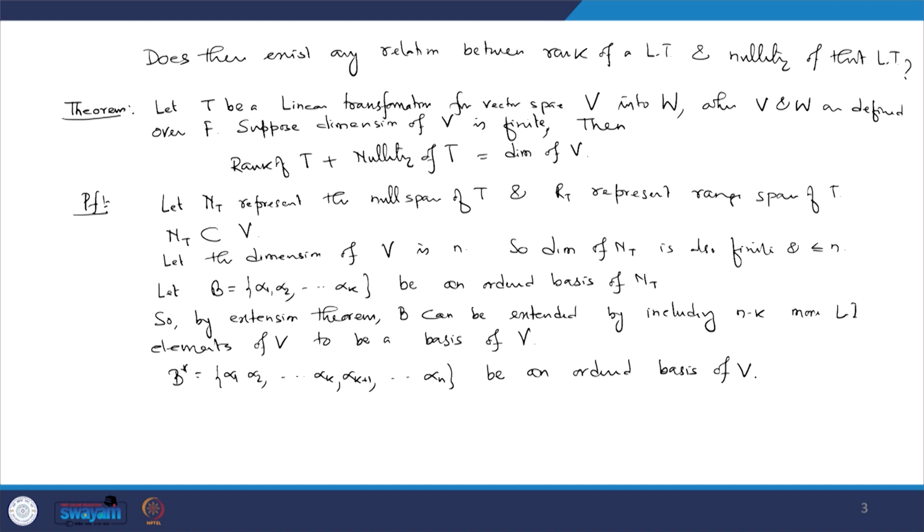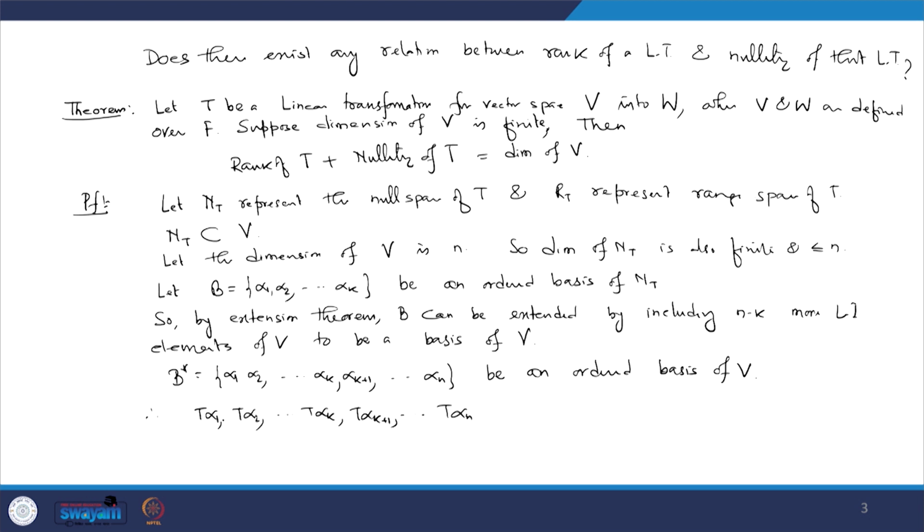of capital V. So, T of alpha 1, T of alpha 2, ..., T of alpha k, T of alpha k plus 1, ..., T of alpha n.